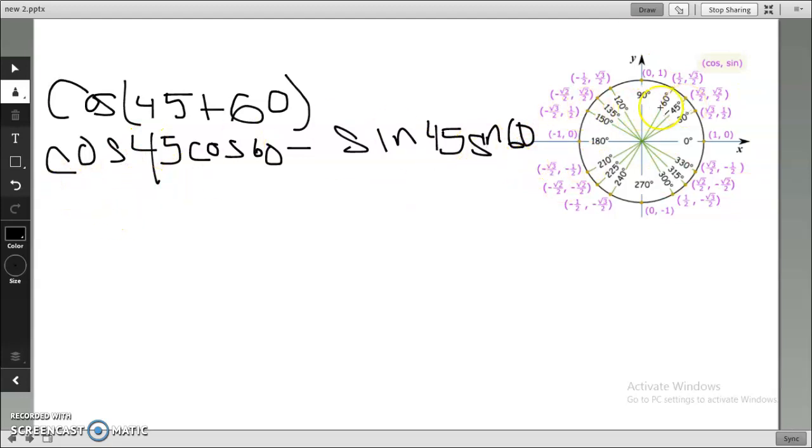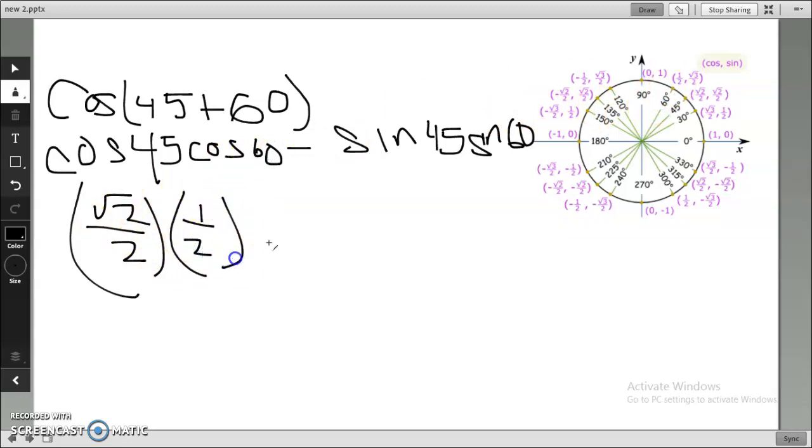So cosine of 45 is root 2 over 2, times cosine of 60 is 1/2, minus sine of 45 is root 2 over 2, and sine of 60 is root 3 over 2.